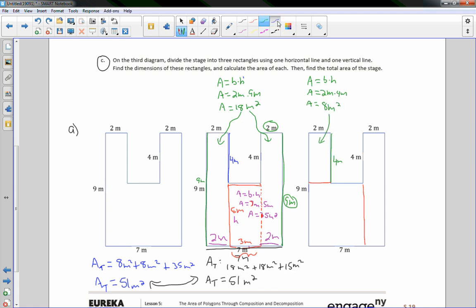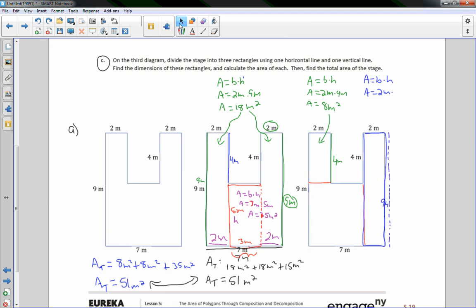Now I'll switch to blue, and I'm doing this rectangle right here. So I know my base is 2, so I'm going to write area equals base times height. Area equals 2 meters, which is my base. And then if I look at this and call that 9 meters, and then I move it over to this side, it is also 9 meters.